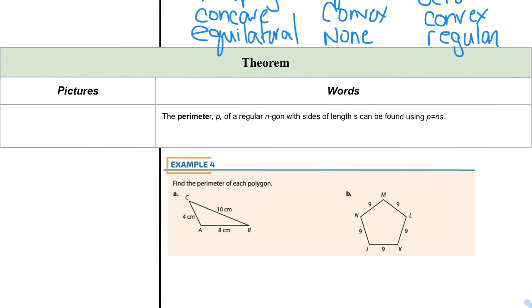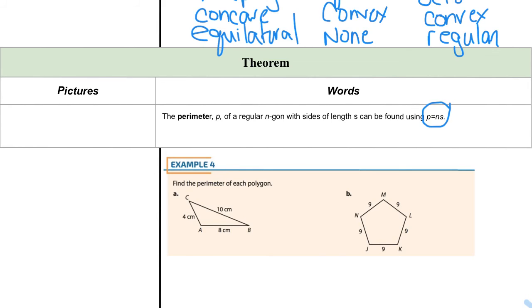This theorem says that the perimeter of a regular n-gon, n meaning the number of sides, with side length s can be found using the formula perimeter equals n times s, the number of sides times the side length.